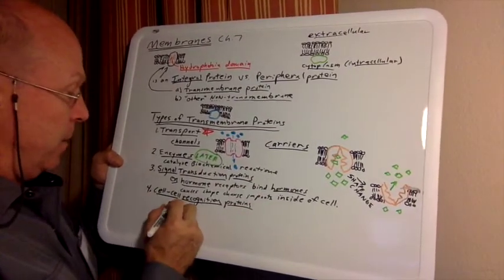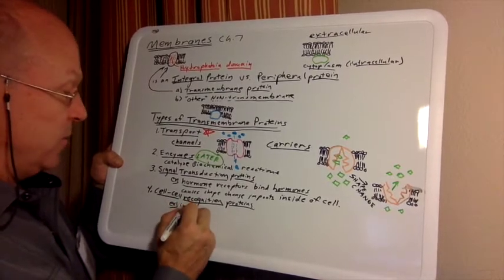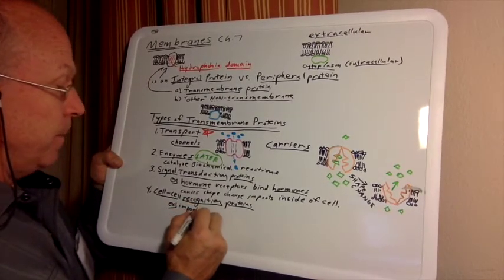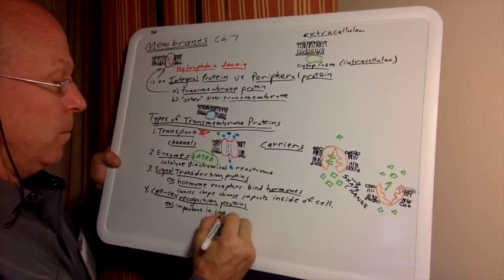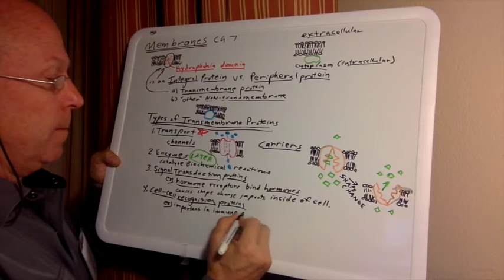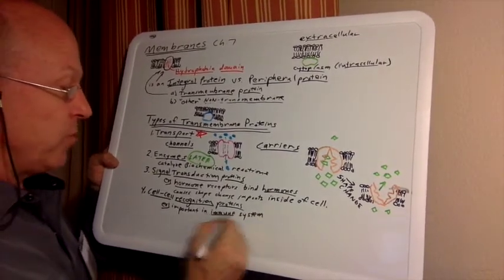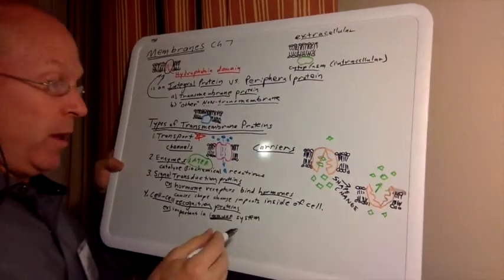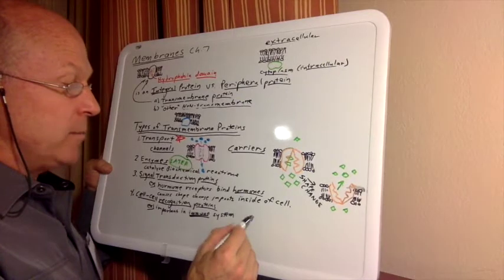These are very common, and important, in our immune system. So our immune system, a big, huge, important thing. The big player of our immune system is called a white blood cell.